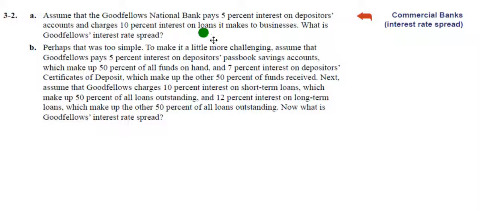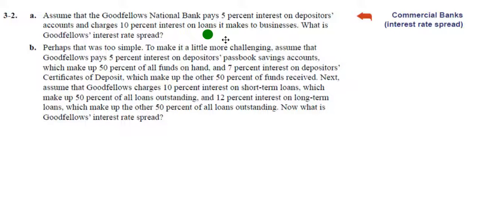So what is the spread? Well, the spread is simply the difference. So if they're paying 5% to their depositors, and they're earning 10% from the business loans that they make, the money that they loan out, then they're earning the difference.